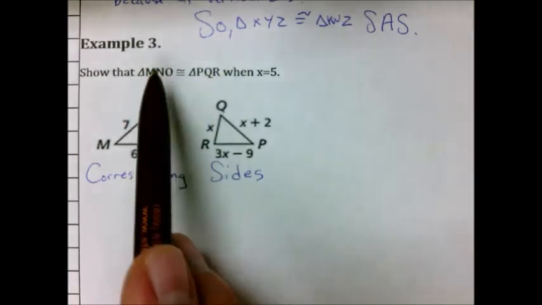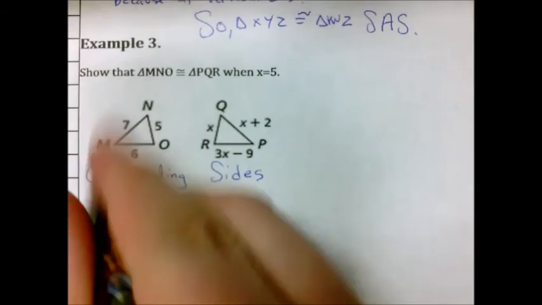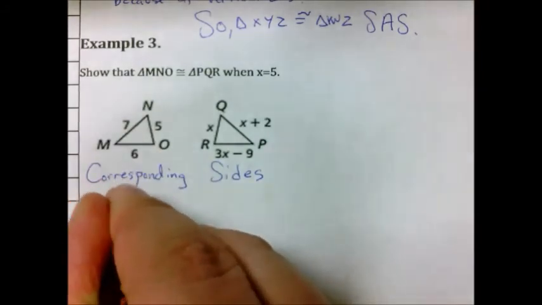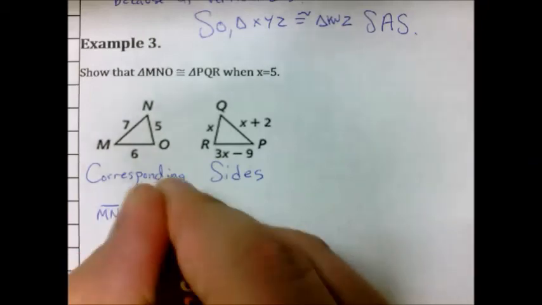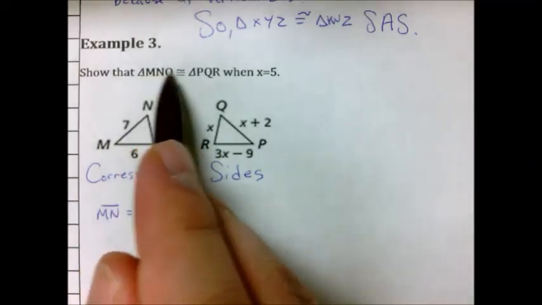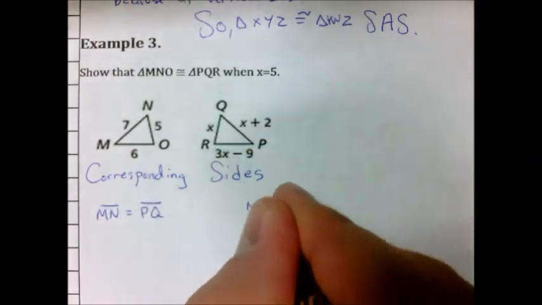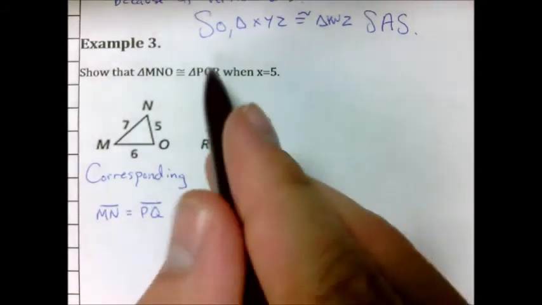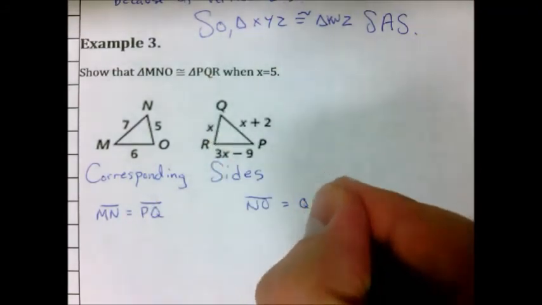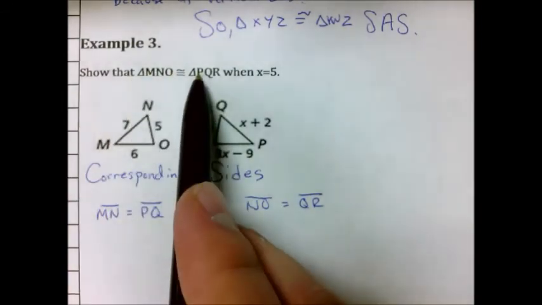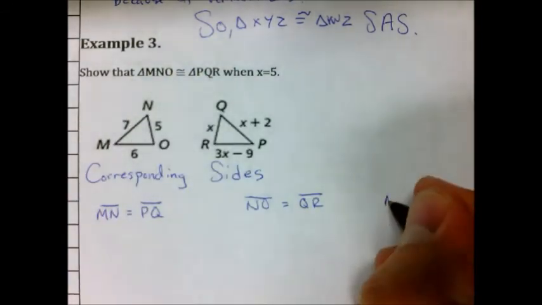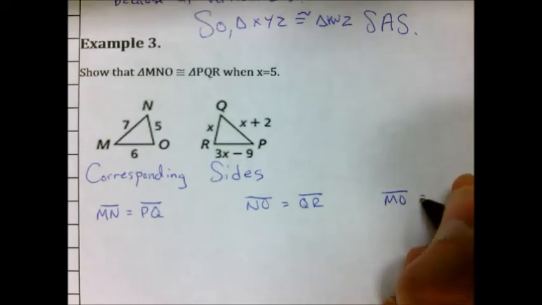So MN must be congruent to PQ. MN should equal PQ. We also know that NO should be equal to QR. And we also know that MO should be equal to PR.